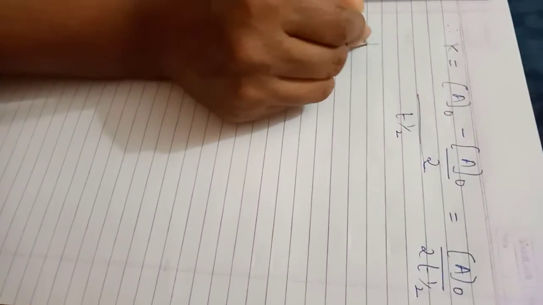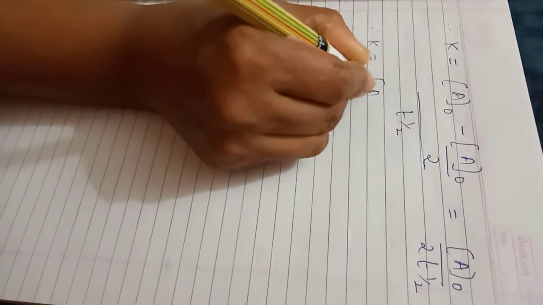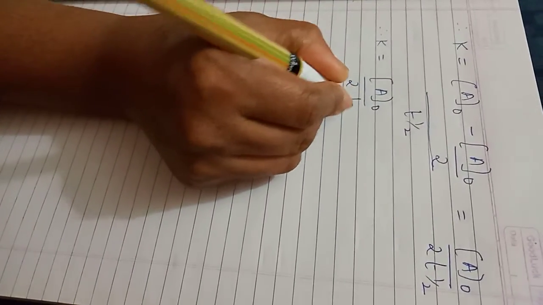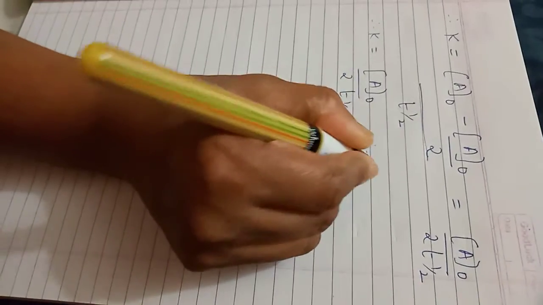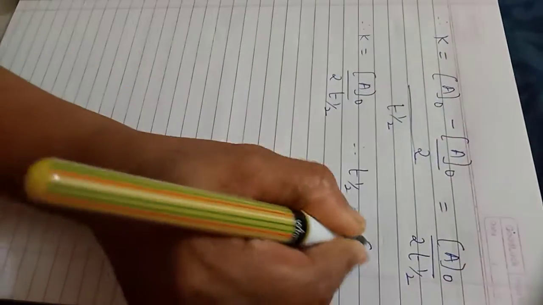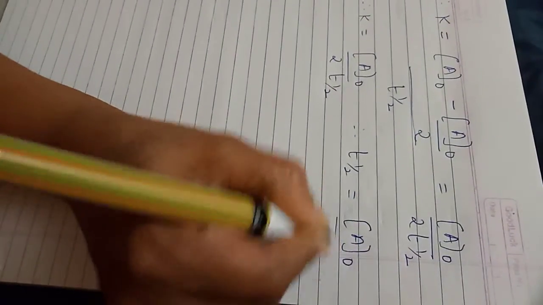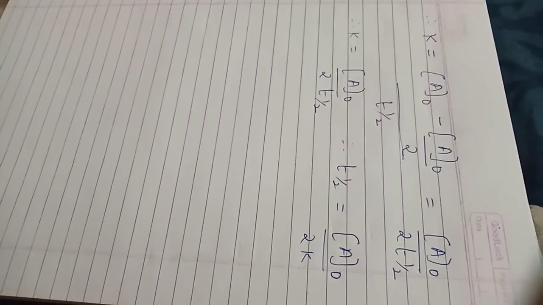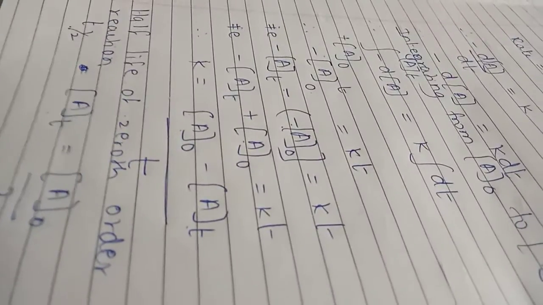What do we get K as? K is concentration of A0 divided by 2 T half. Therefore, T half is equal to what? Concentration of A0 divided by 2K. This is the half-life period, which is the total time required for the concentration to reduce to half of its initial amount. Clear, students?